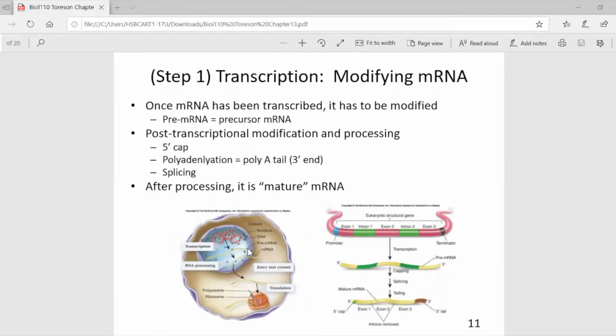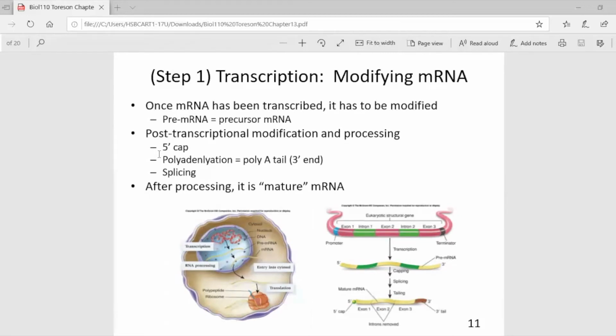be used for translation. So modifications that happen after transcription has occurred are called post-transcriptional modifications. And there are 3 modifications that occur: addition of a 5' cap, addition of a poly A tail, and splicing.